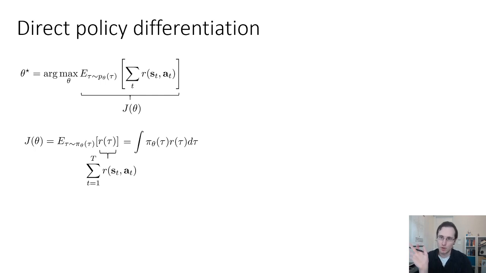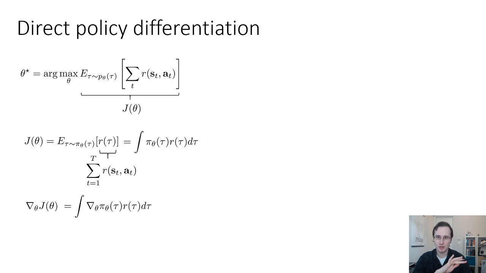Okay, so you can write out the expectation as an integral, or a sum if you have discrete states and actions. But here I assume continuous, so I'll write it as an integral. The expected value of R of tau under pi theta of tau is just the integral over all taus of pi theta of tau times R of tau. Now I'm going to want to compute the gradient of this thing with respect to theta.